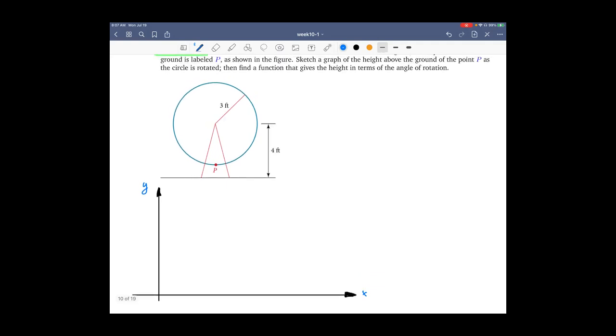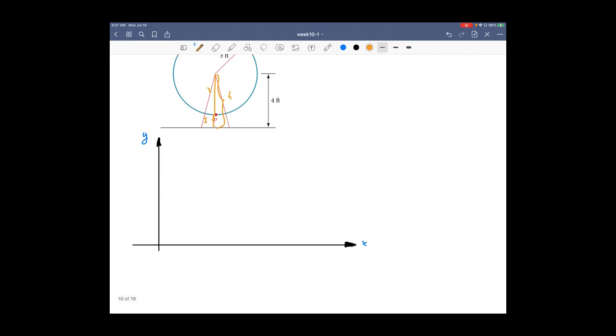If we start counting time at the moment when P is at its lowest position, we start at the minimum, and because this distance is 3 and the entire distance is 4, the height at this point in time is 1. So the minimum value is 1.